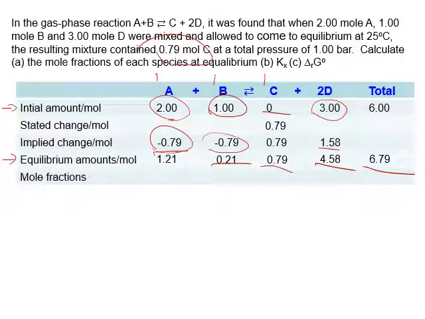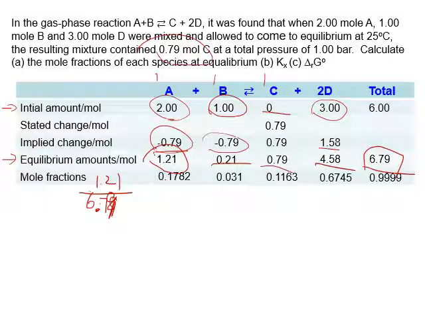From there, you can calculate the mole fraction. For A, it is the moles at equilibrium, so 1.21 divided by the total amount, 6.79, and that gives you 0.1782.